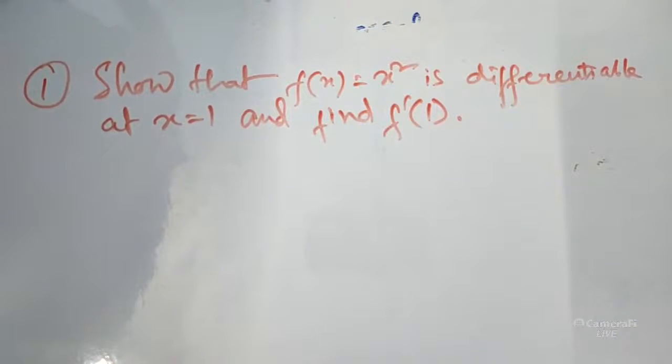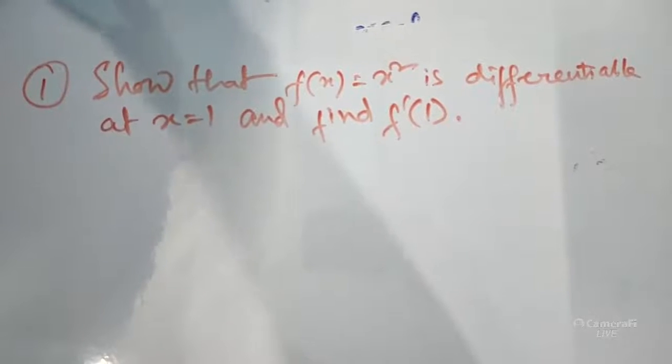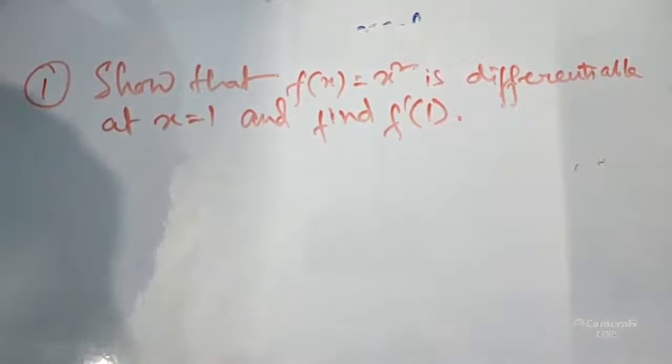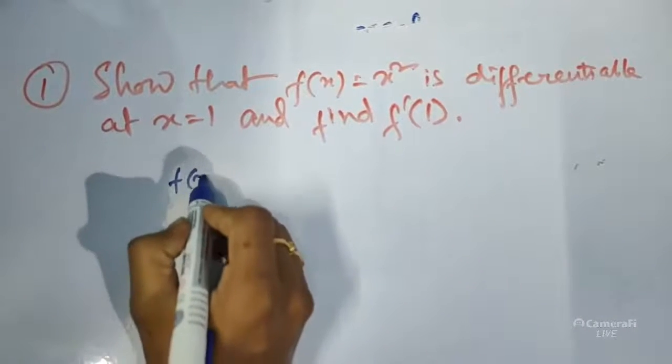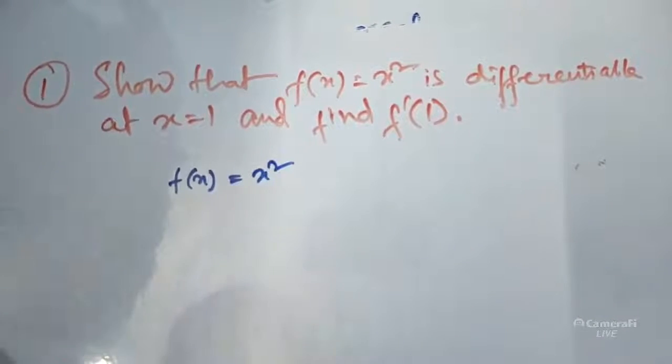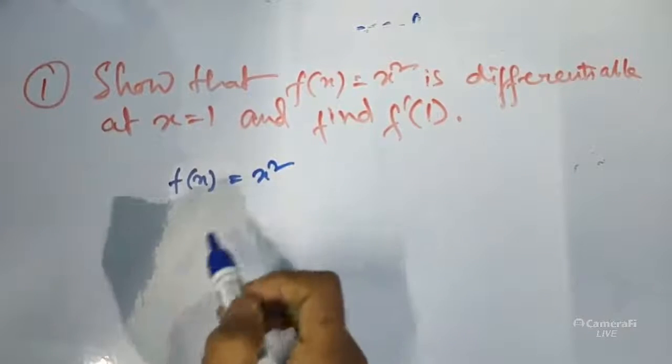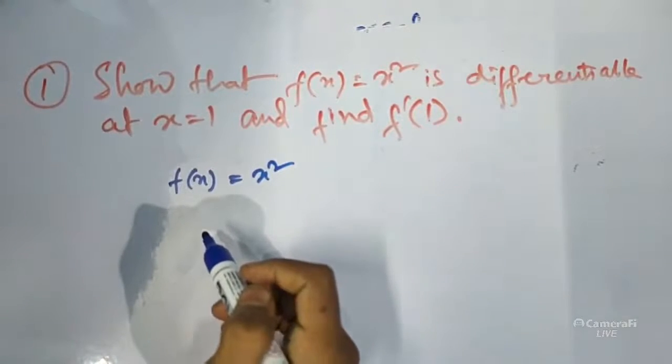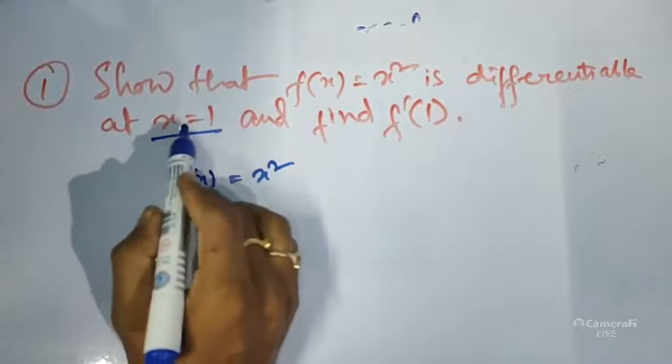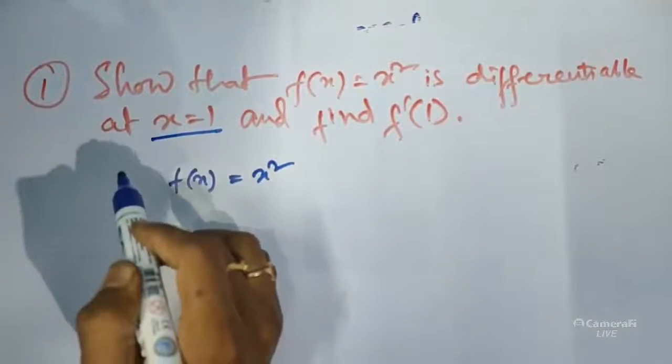The function f(x) is given as x square, and the point is x equals 1.